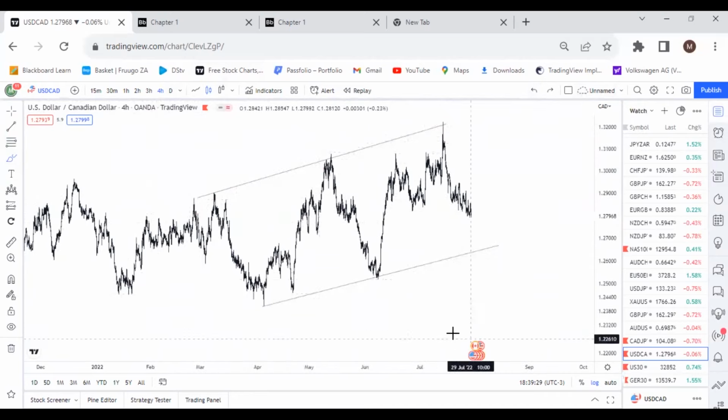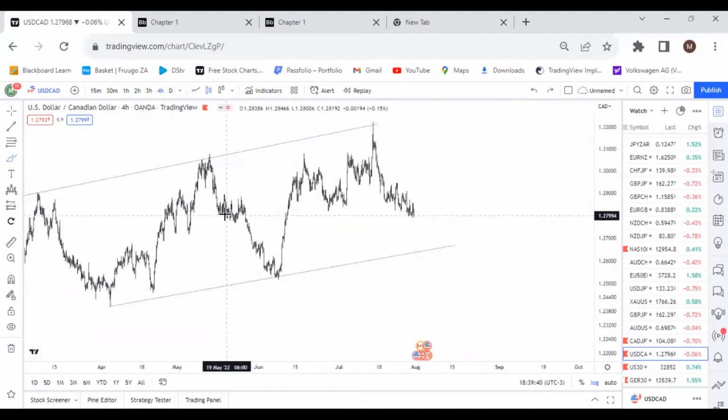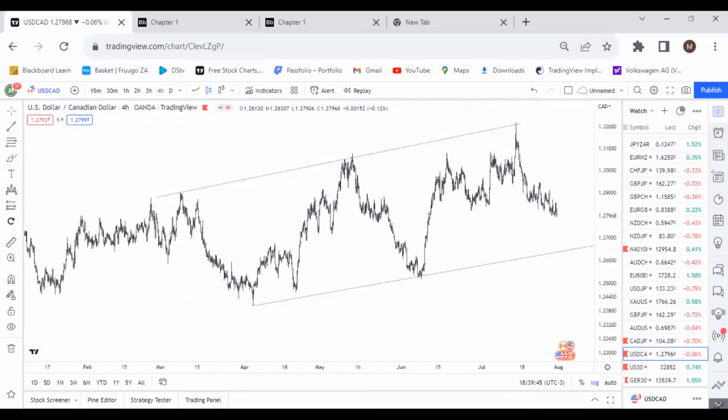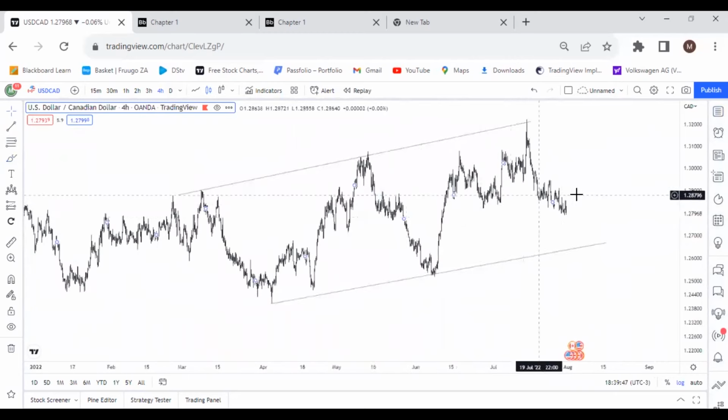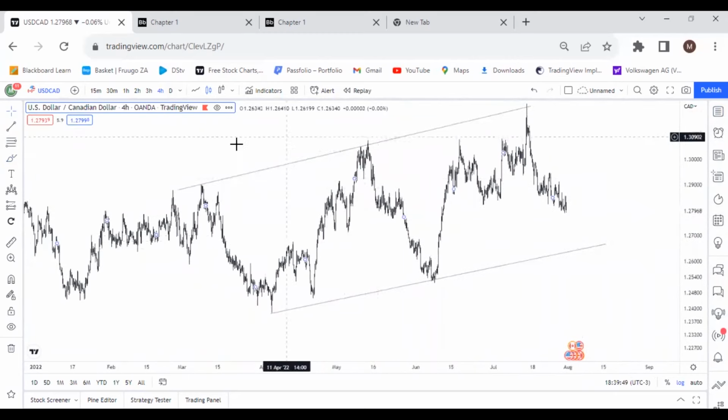If it was a descending structure, that's where we consider the support touches instead of the ones on top, which is the resistance. So right now you can see that this is how our structure looks in the 4-hour time frame.